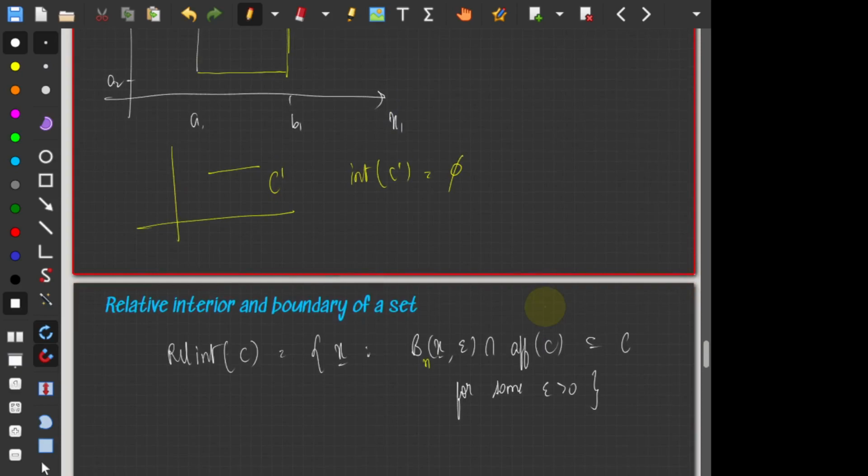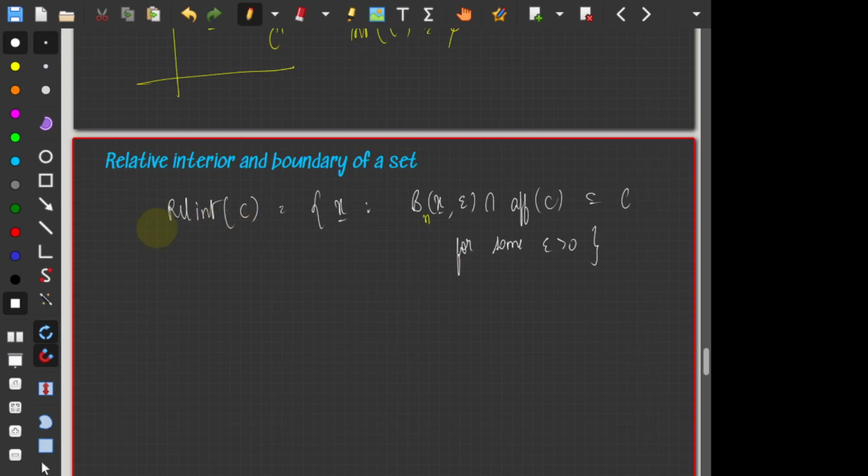So for example, in this set C prime, what is the natural notion of the relative interior? Correct. It's a line segment excluding the endpoints. That would be the notion of the interior of this particular set, and indeed that's what we're going to choose.